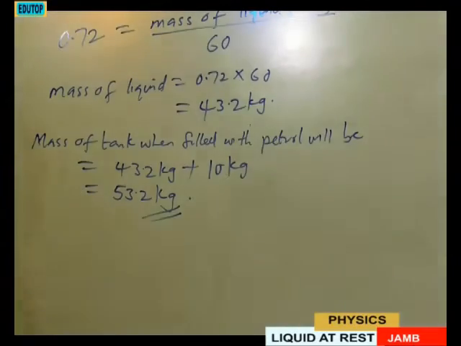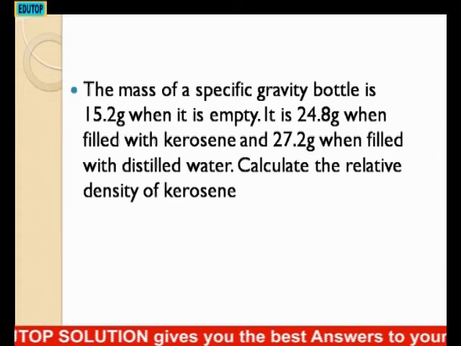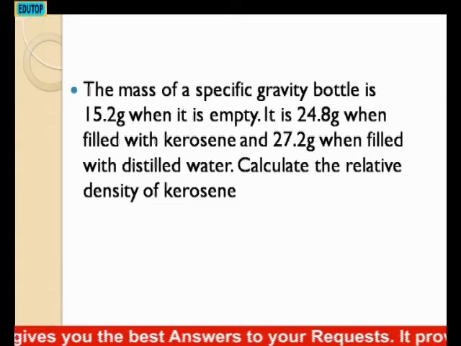53.2 kilogram. Question number 3 says the mass of a specific gravity bottle is 15.2 gram when it is empty. It is 24.8 gram when filled with kerosene and 27.2 gram when filled with distilled water.